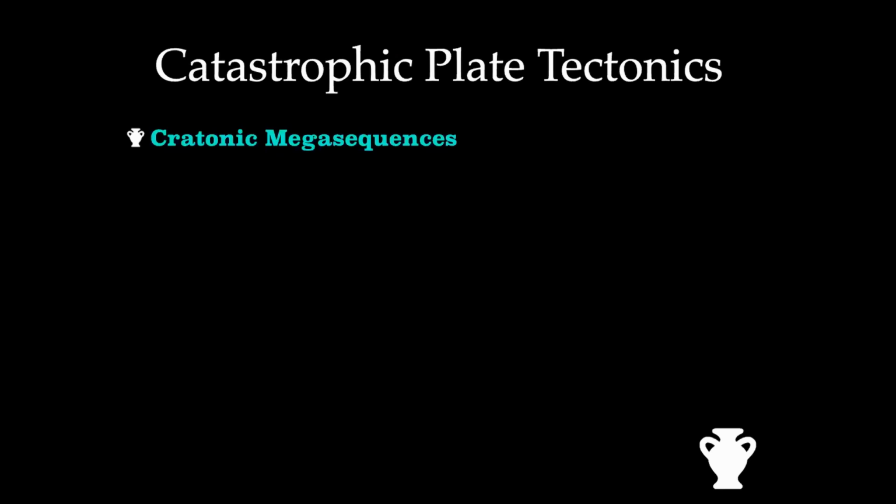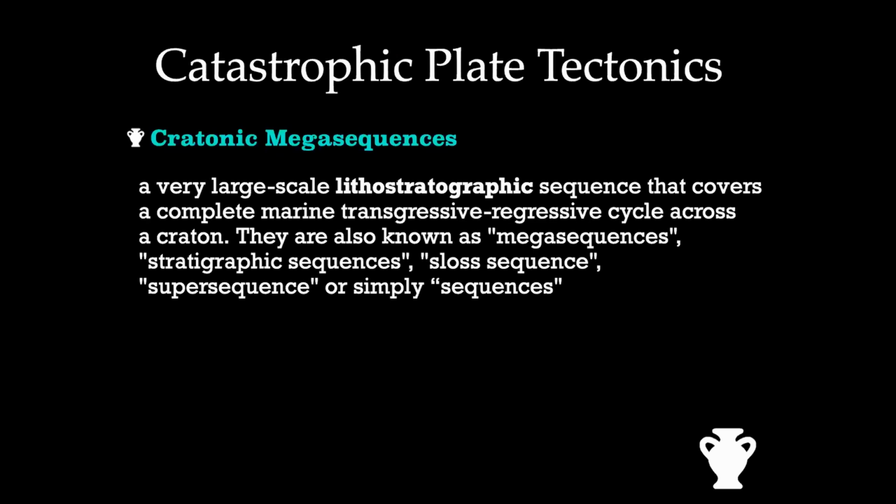And there's really good geological evidence that this is actually the case. In fact, there are what are called cratonic megasequences that are found around the world. What in the world is a cratonic megasequence? So a cratonic megasequence is a very large scale lithostratigraphic sequence, big word, it just means basically a rock layer sequence, that is a complete marine transgressive-regressive cycle on a craton.